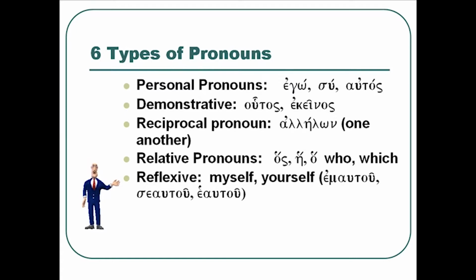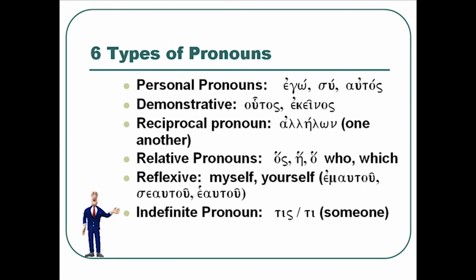Earlier we looked briefly at the reflexive pronouns, myself, yourself, these just occurring in the oblique cases, the genitive, dative, accusative cases, and they're emautou, seautou, and heautou, of myself, of yourself, and of himself or herself. In this chapter we want to add to this the indefinite pronoun, tis and ti, someone or anyone.